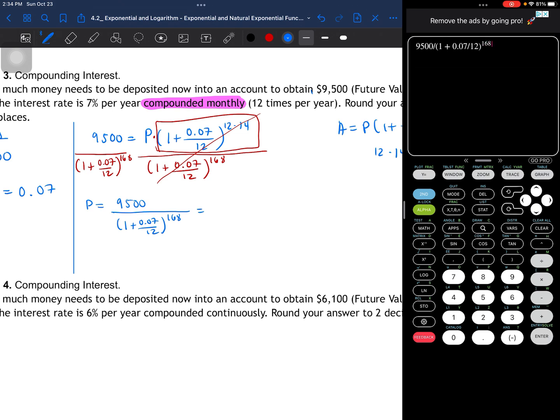So it'll be parentheses 1 plus 0.07 divided by 12, close parentheses, raised to the power of 168. And there you go. So that means that you need to have 3,575.621.